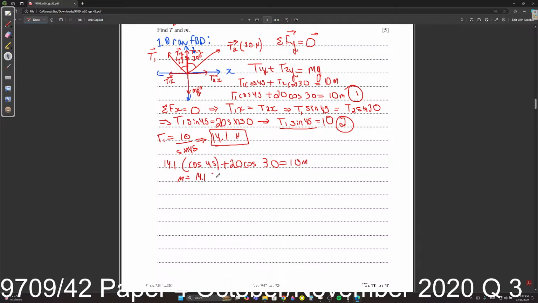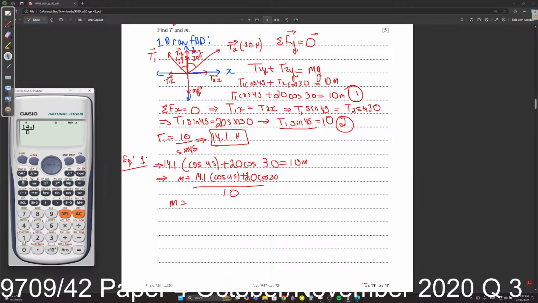So 14.1 cosine 45 plus 20 cosine 30 over 10. This was equation 1.